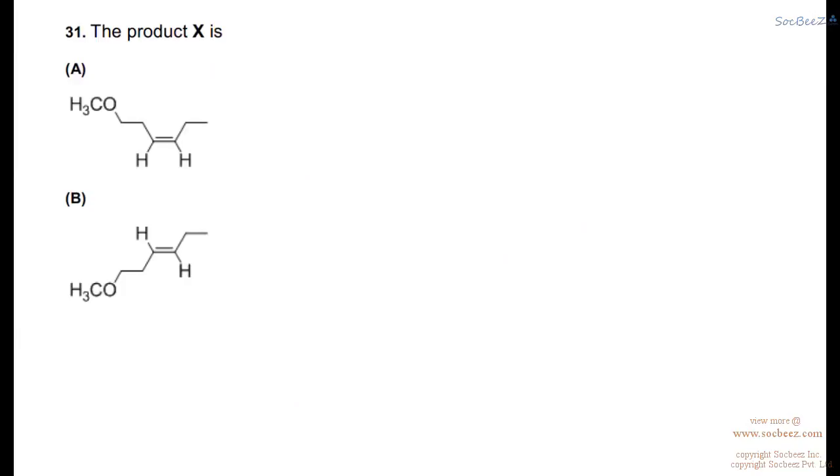Let's write the reaction scheme here in this case. So the reaction scheme is H. Now with NaNH2 it will undergo a reaction like this.